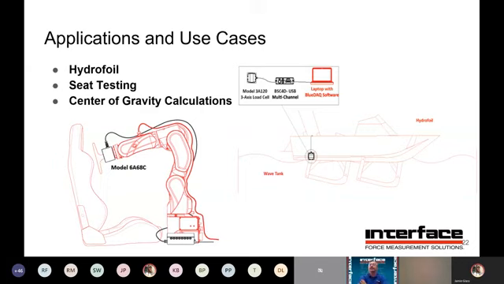Hydrofoil, this is an interesting application we actually did with the Navy, where they're studying the effects of a hydrofoil in a wave tank. We had some 3-axis sensors used, and they basically measured the lift as the boat moves through the water. It starts to rise up on the hydrofoils, and that creates, say, an FZ load or an FX load in this case.